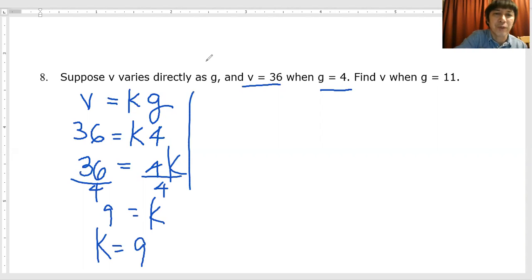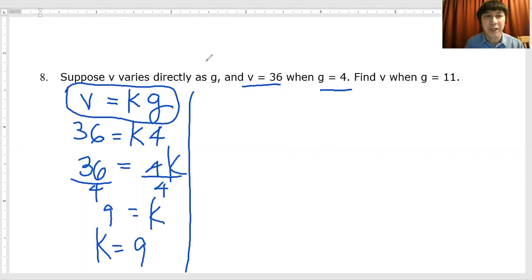So we can now have our equation. We can go back to this equation and substitute the value of our constant of variation. So V is equal to 9G. We can substitute the K, which is already known, which is 9. So we have our equation without the letter K. It's now replaced by the number 9.